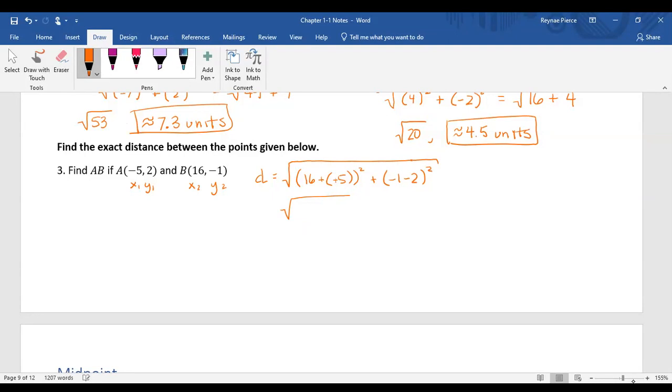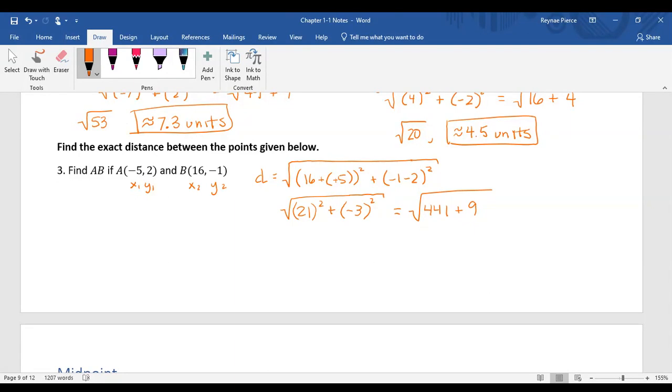16 minus -5 is 21. Negative 1 minus 2 is negative 3. 21 squared is 441. Negative 3 squared is 9. Okay, so after we have subtracted inside the parentheses, we add after we've squared.